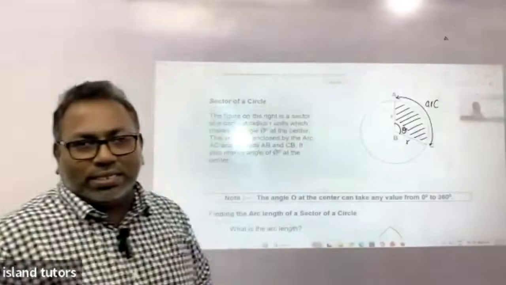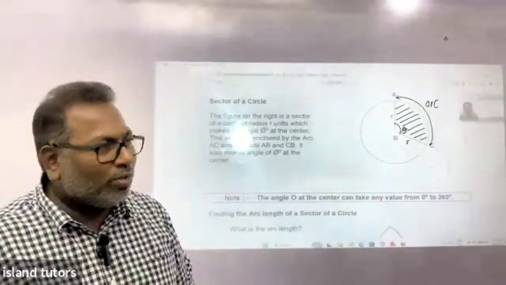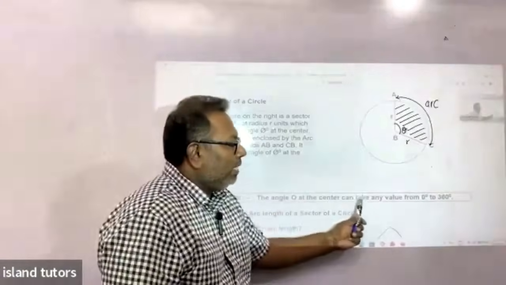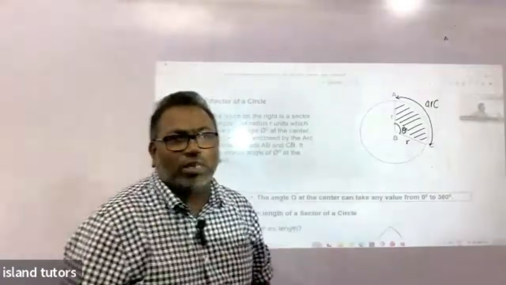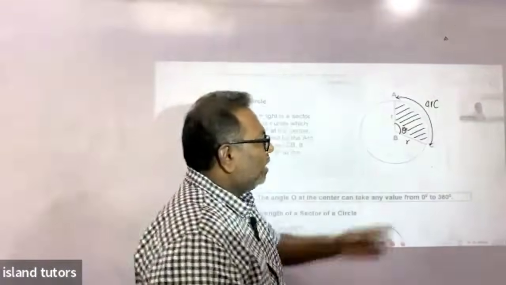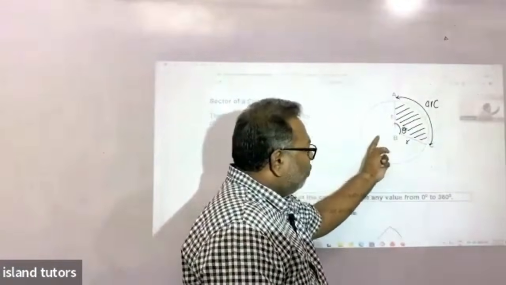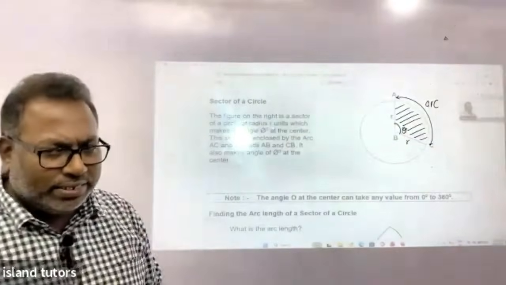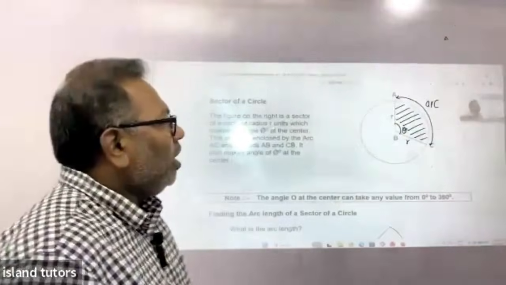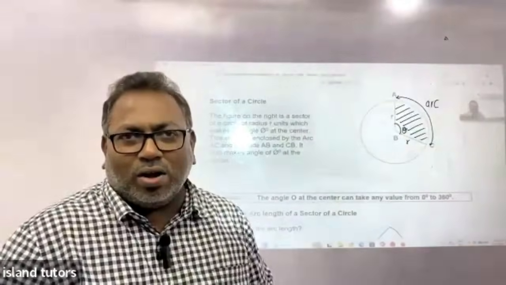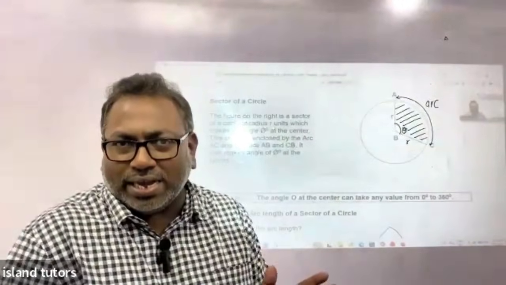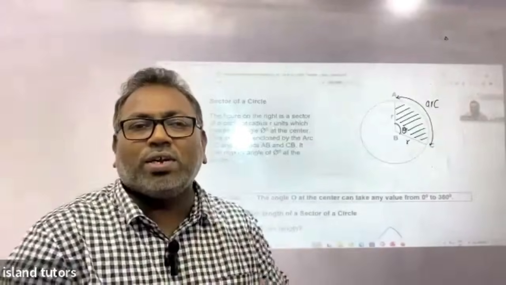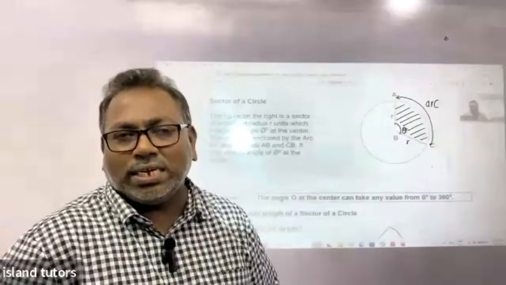This is your angle at the center, right? The angle at the center can take any value from 0 to 360. You know at the center, when you take one full round, it makes up 360 degrees. So the sector area is calculated as a proportion of the total circle.